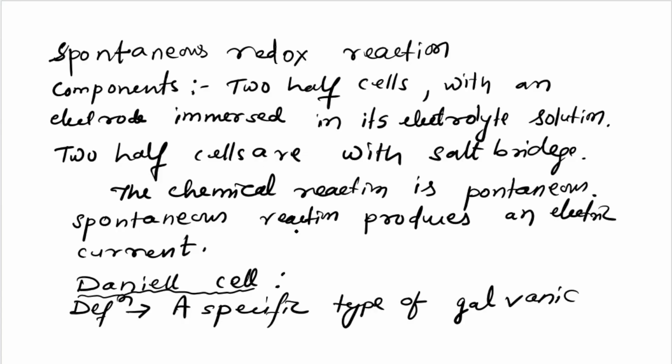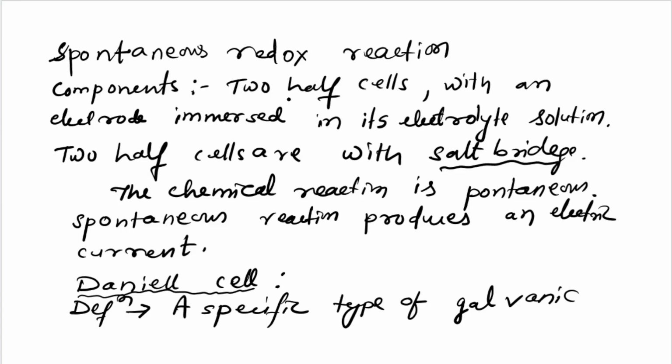The chemical energy changes to electrical energy, and two electrodes are dipped in their salt solutions. And what are the components? Two half cells, each with an electrode of any metal according to the reaction, immersed in an electrolyte solution, and the two half cells are joined with a salt bridge.